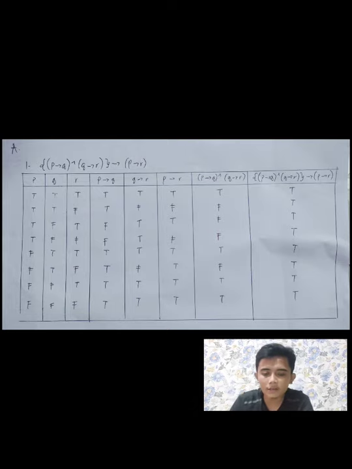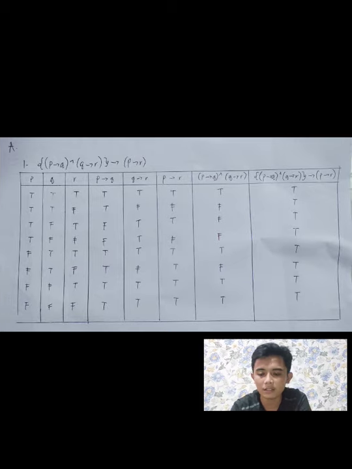The next value we will find is Q implies R. The propositional variables we look at are Q and R. The answer is true, true. True and true is true, true, false.